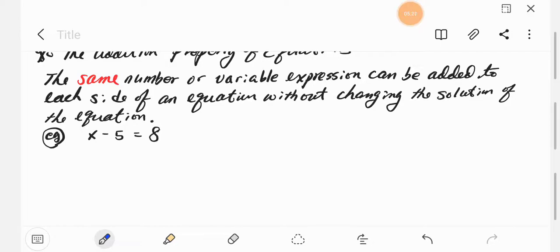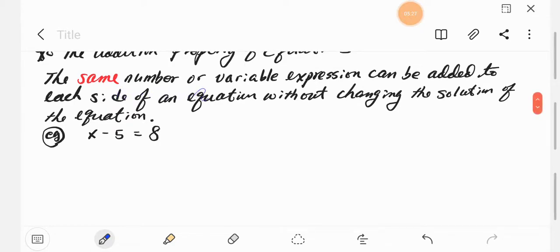It can be a number or a variable expression, variable x or variable y, whatever. If you add the same number or variable to each side of the equation, it does not change the solution of the equation. The quantity is different, but the solution will be the same.